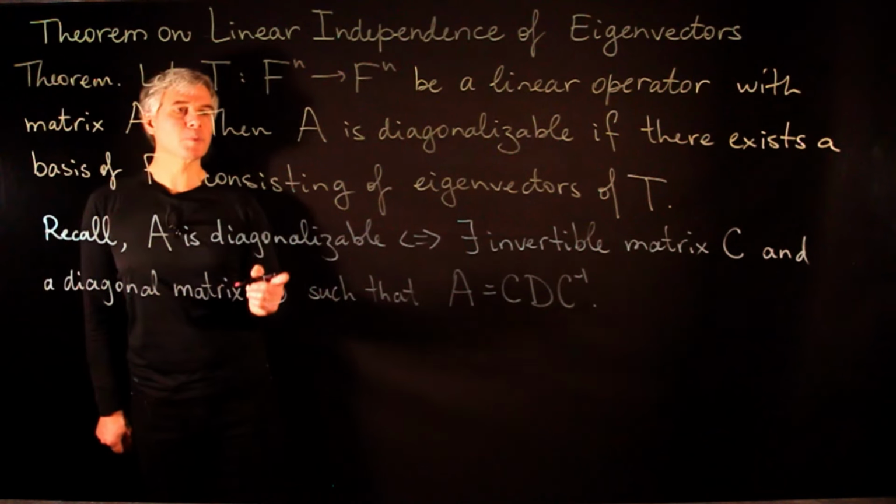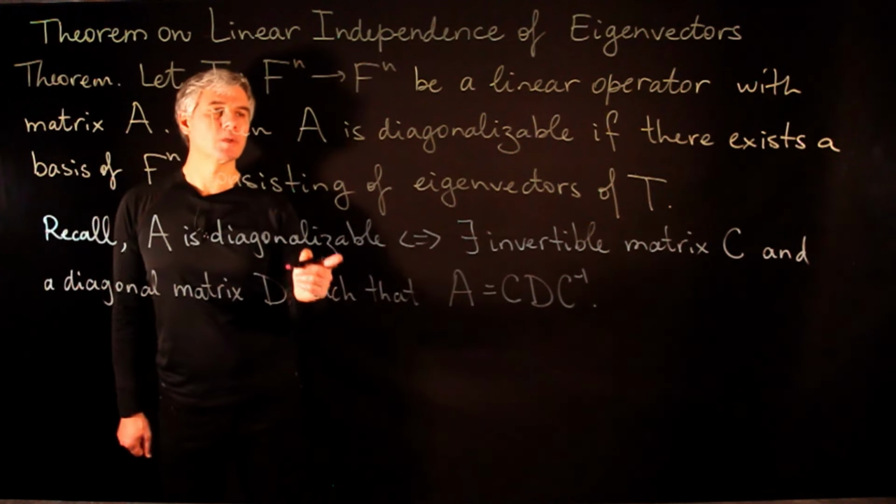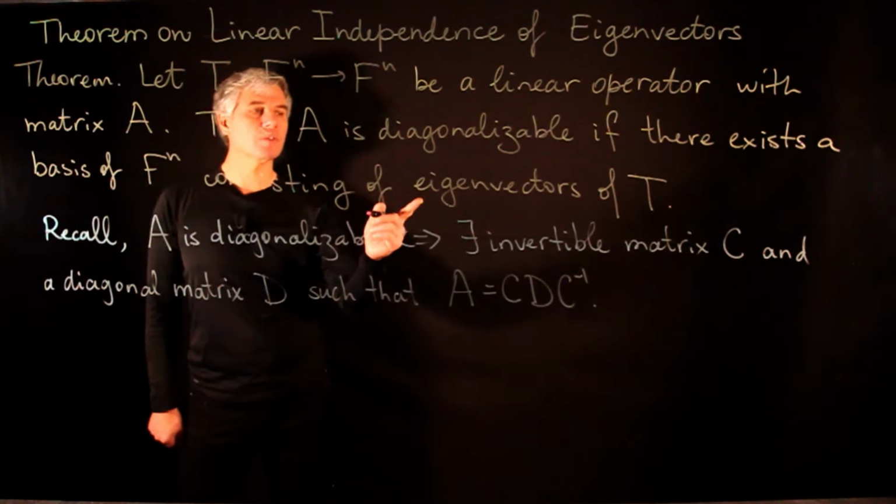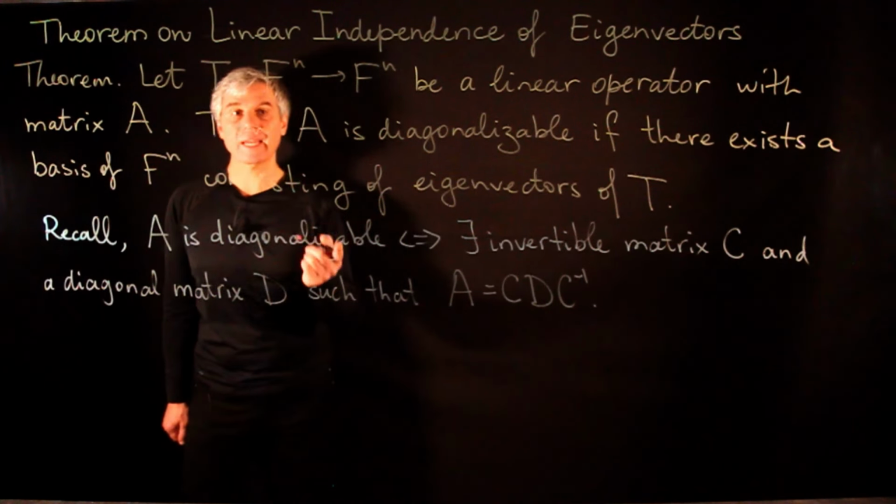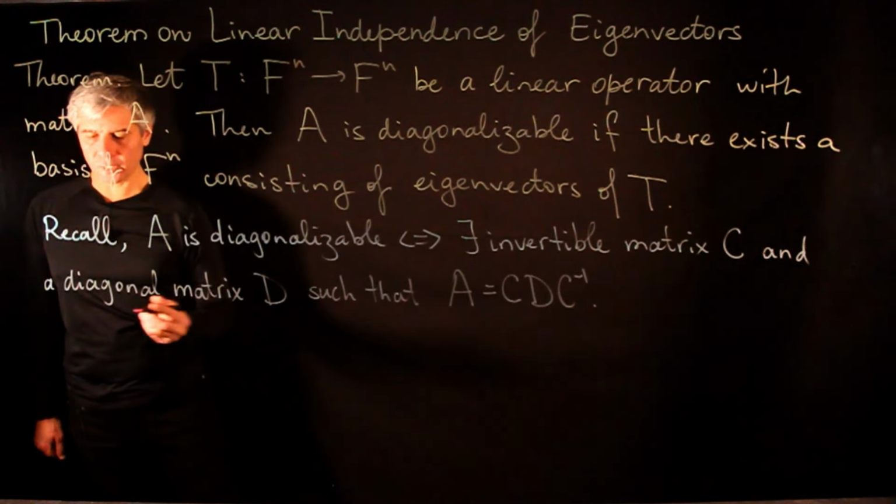We have already proved half of this theorem. So we proved that if there is a basis of eigenvectors, then A is diagonalizable. Well, let us sketch this proof.